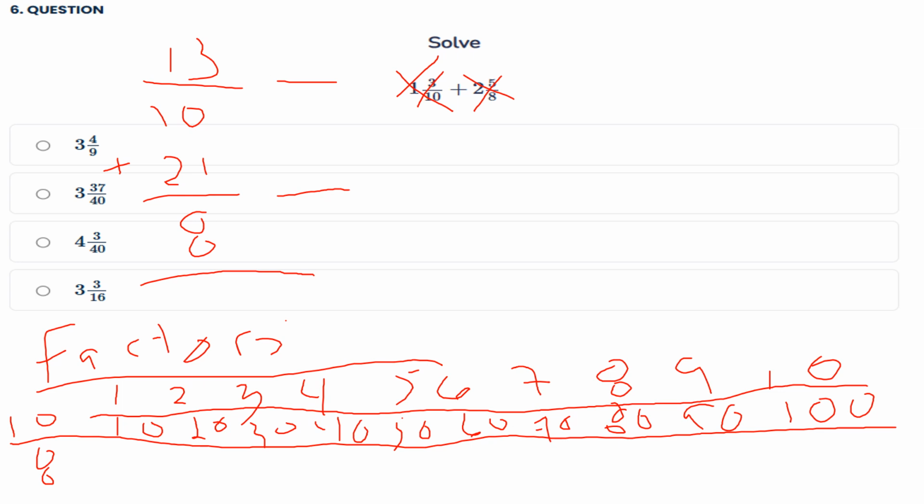Now we're going to get the multiples of 8. So 8 times 1 is 8.